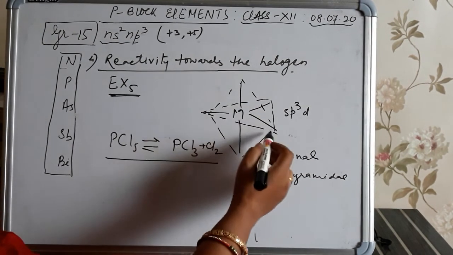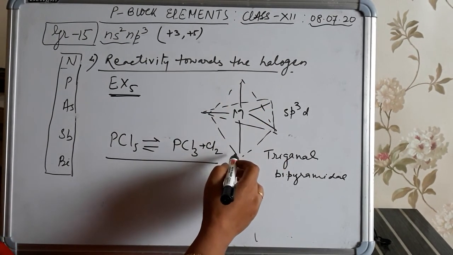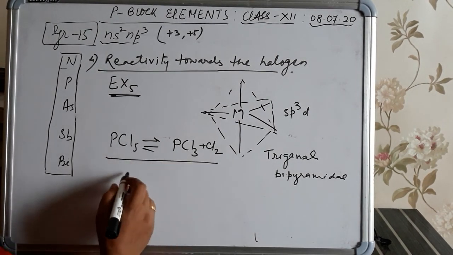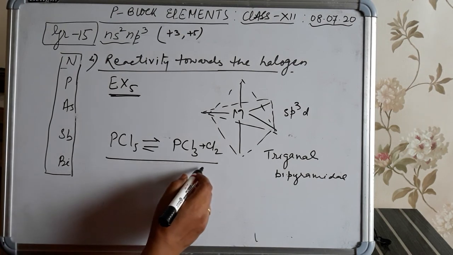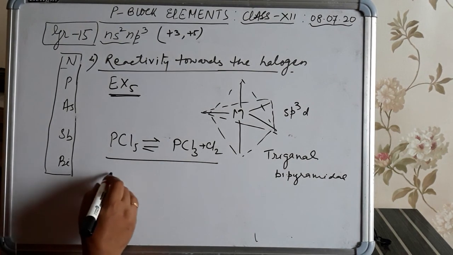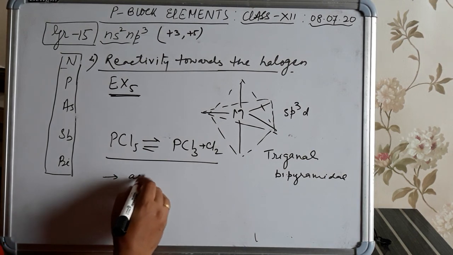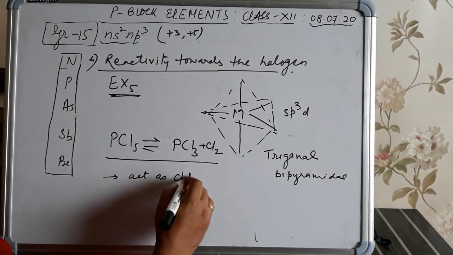This is called the equatorial and this is called the axial bond length. PCl5 easily dissociates to form PCl3 and Cl2. Due to this property, it acts as a chlorinating agent.